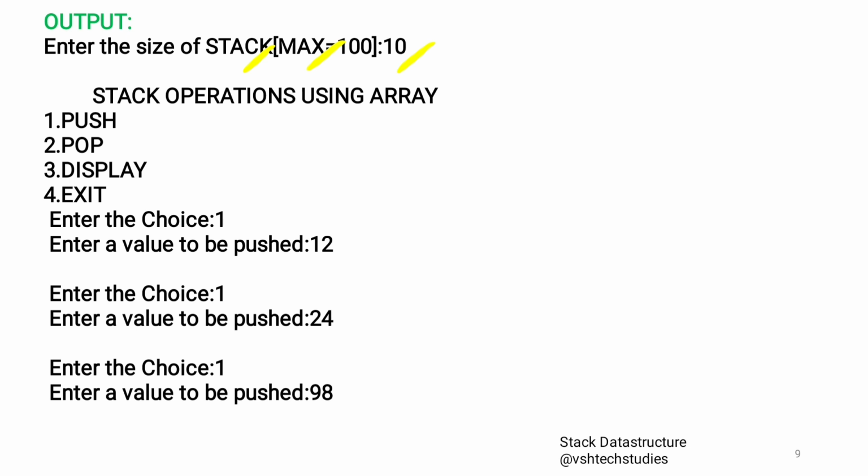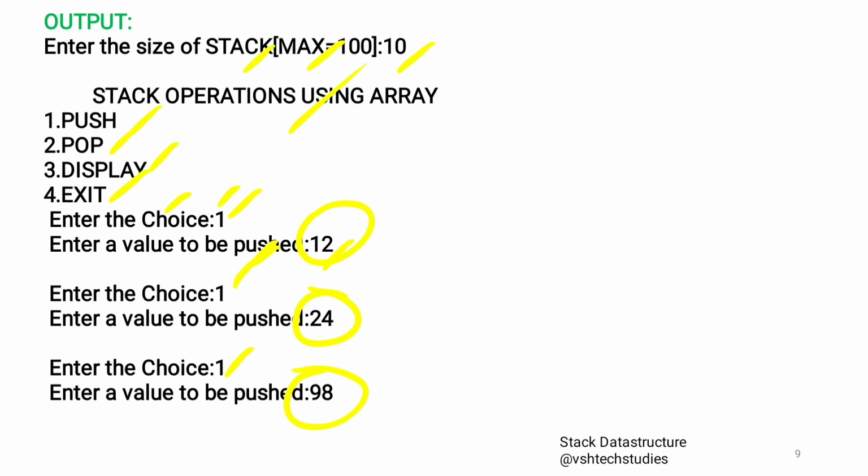The heading is written: 1 for push, 2 for pop, 3 for display, and 1 extra we are adding, 4 for exit. Enter the choice is written, and the user gives 1. It asks for a value, then the value 12 is given. This will be added to the stack. Similarly, next time 24, next time 98. Like this, by giving choice 1 it is done.